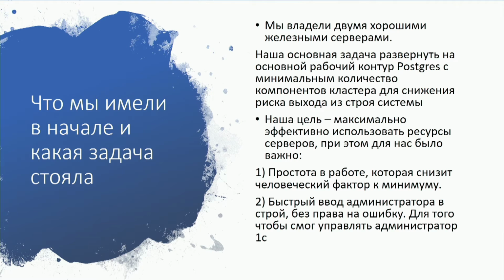Our main goal was this: for Postgres, we need two servers, the master server and the replica server. So we had to use them at the highest capacity and distribute the load across the servers. I will later tell you which arrangement we ended up with.